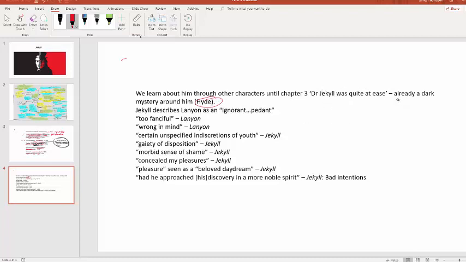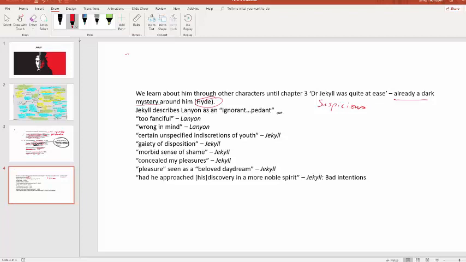So there's already this very dark mystery surrounding him. It gives the readers some cause to see him in this mysterious light, and we're a bit suspicious of him even then.